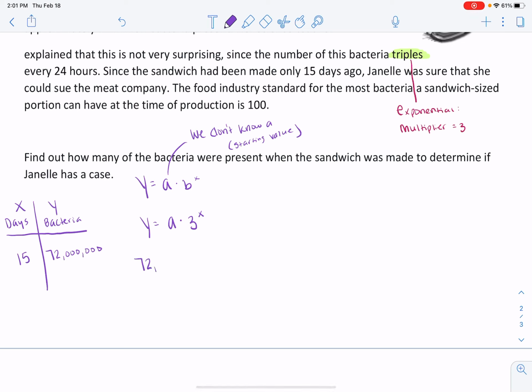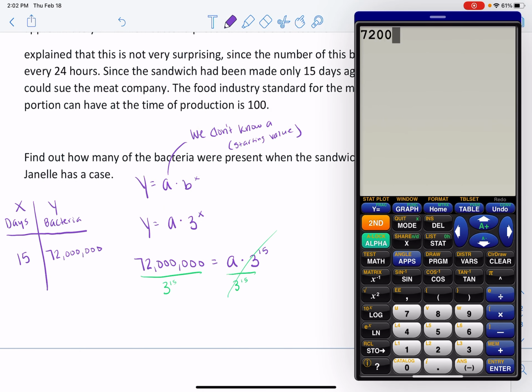So that's 72 million equals a times 3 to the 15th power. So I'm going to divide by 3 to the 15th power. It cancels here. And if I take 72 million divided by 3 to the 15th power, that gives me just about 5.01.